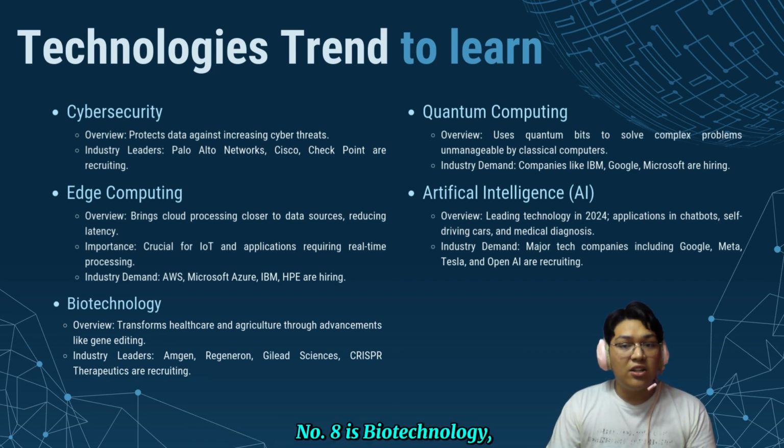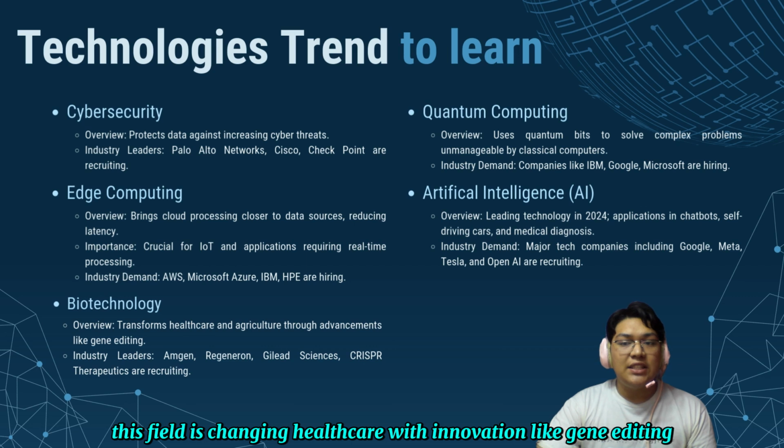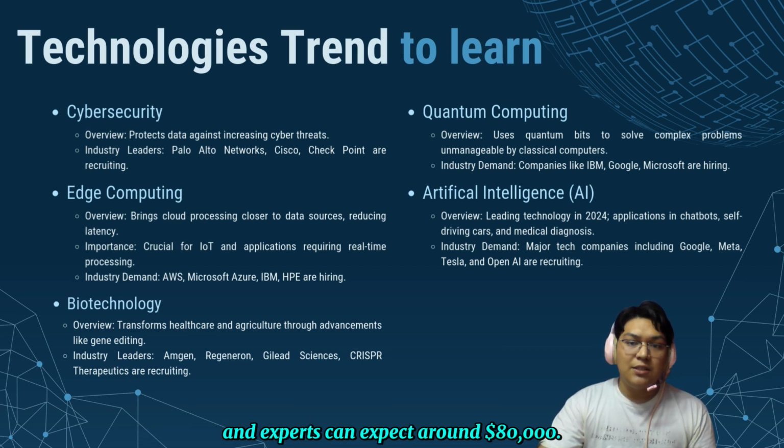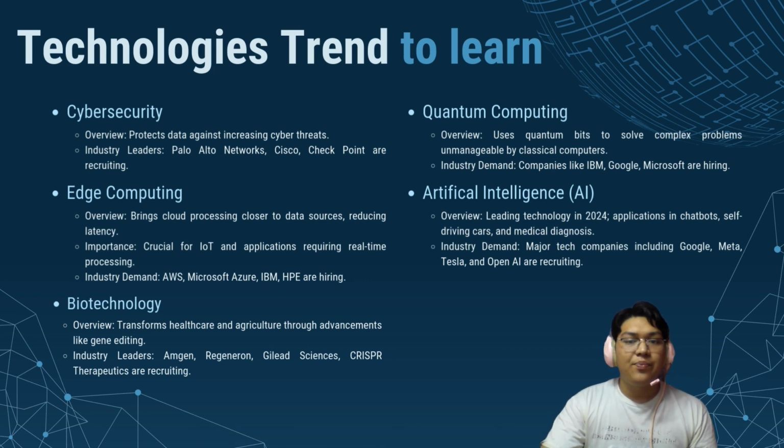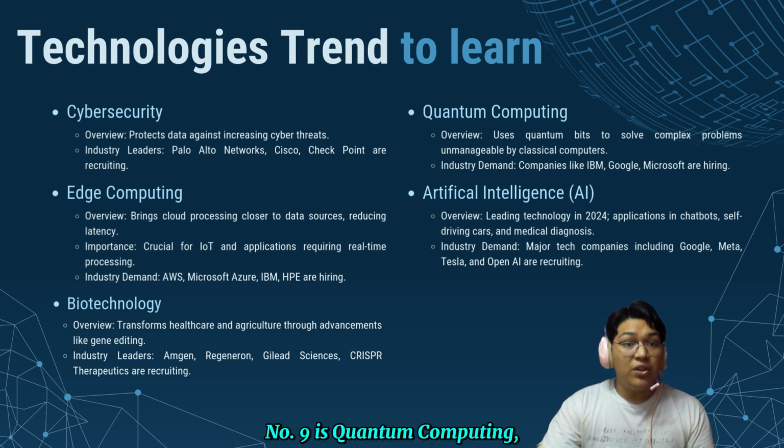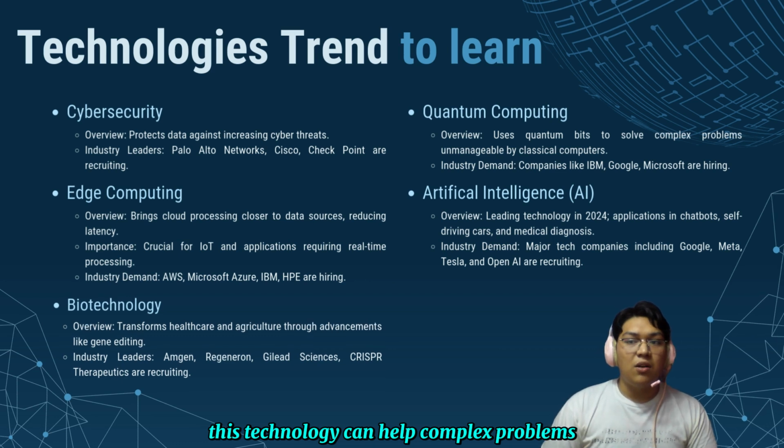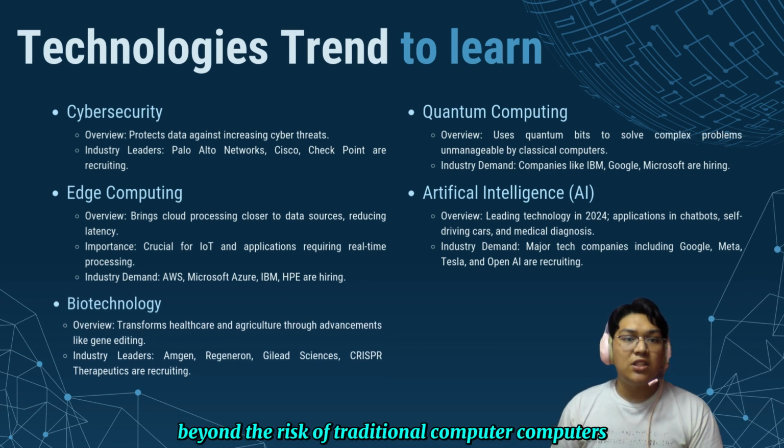8 is biotechnology. This field is changing healthcare with innovations like gene editing, and experts can expect around $80,000. 9 is quantum computing. This technology can solve complex problems beyond the reach of traditional computers.